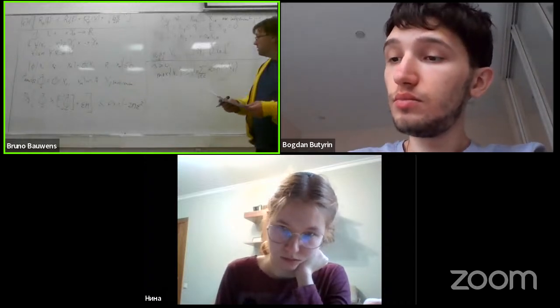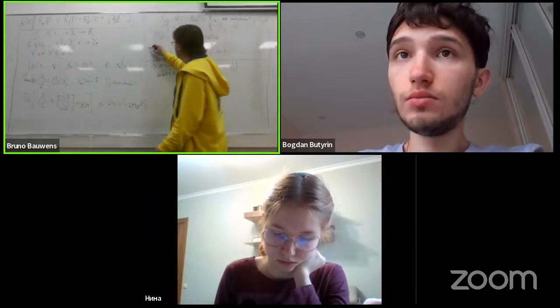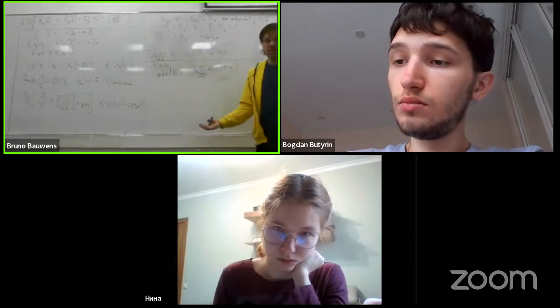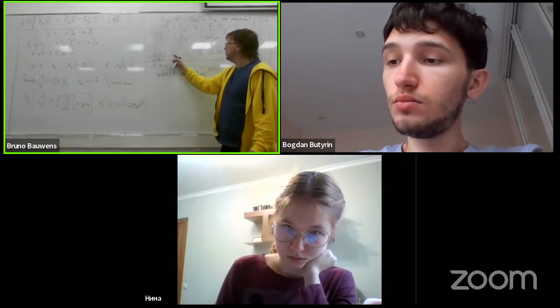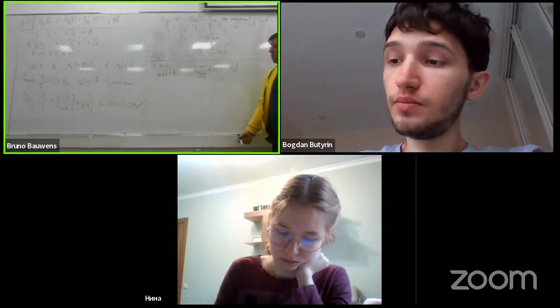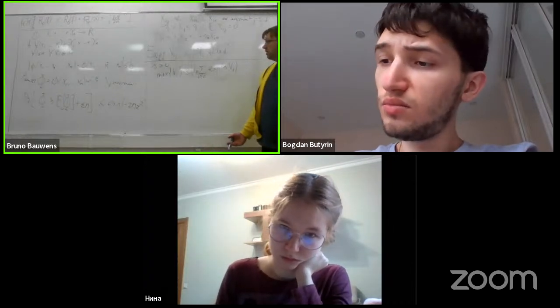Okay, and now what we have to do. Oh, sorry, I forgot to write the expected value. This is kind of an intuitive result. So the expected value of the maximum is bounded by this thing. It's what we expect from Chernoff bounds or the Hoeffding inequality.